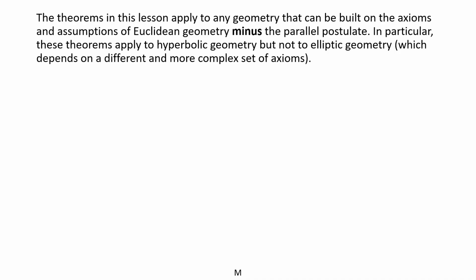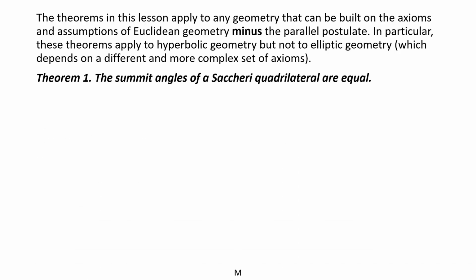Those theorems apply to Euclidean geometry, but they also apply to hyperbolic geometry, because hyperbolic geometry, as we'll see in the next lesson, is defined by the negation of the parallel postulate. So anything we can prove using the first four postulates from Euclid also applies to hyperbolic geometry. Okay, so that said, let's look at the first theorem here. The summit angles of the Saccheri quadrilateral are equal.